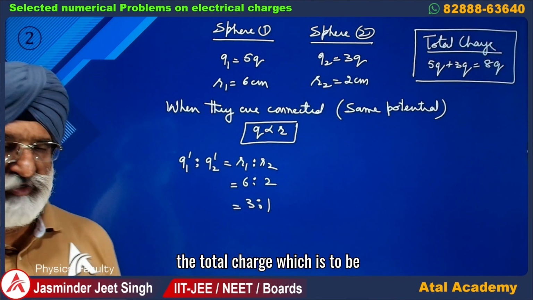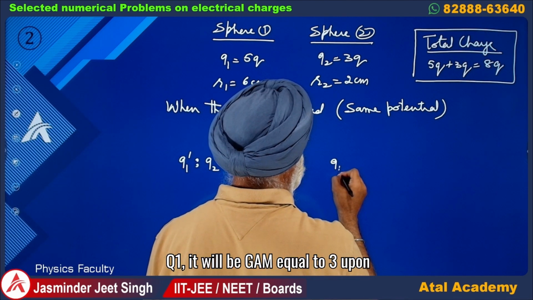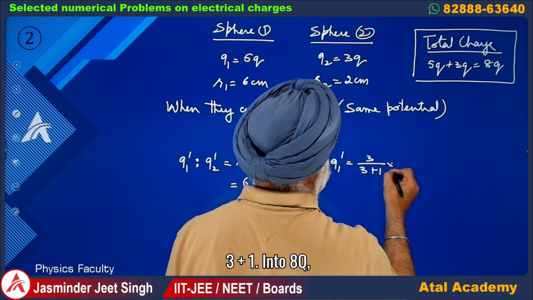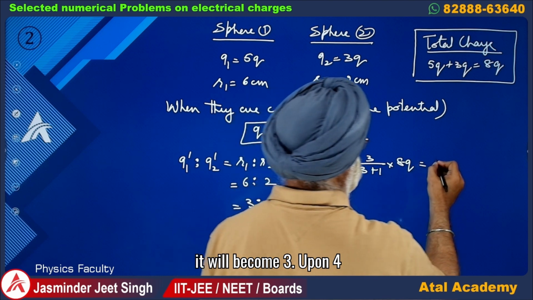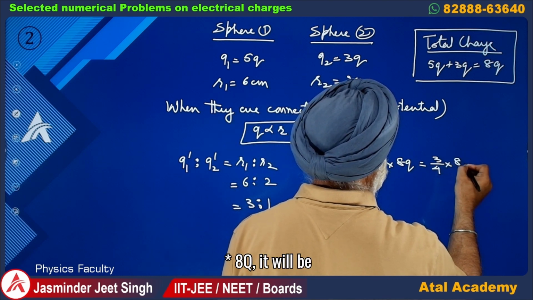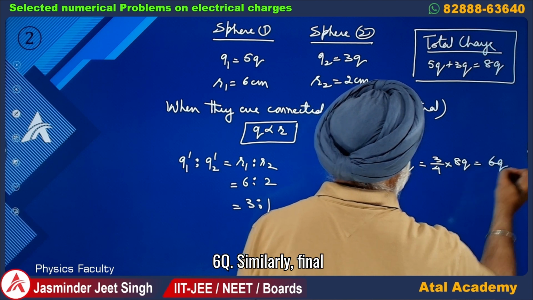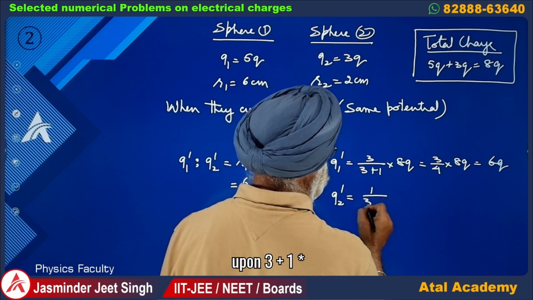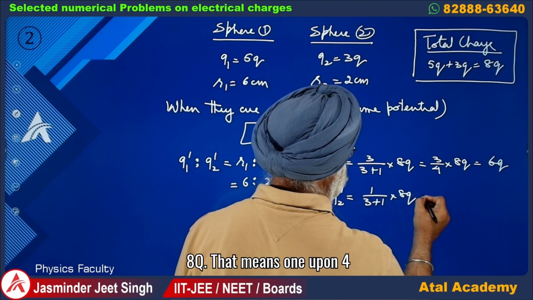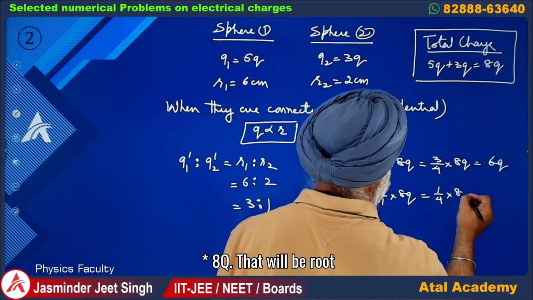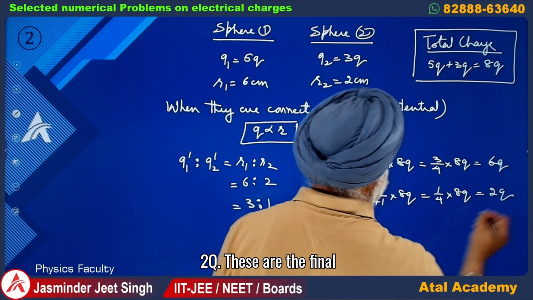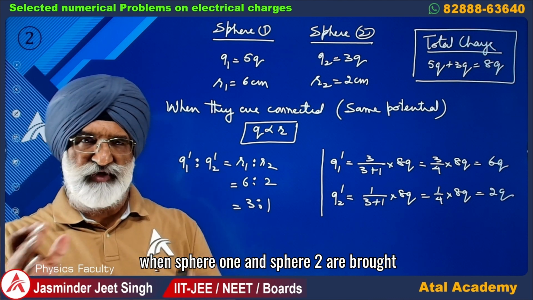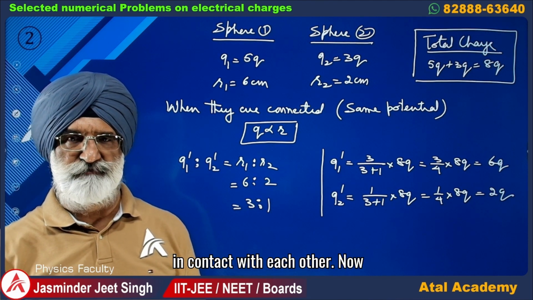Now the final charge on Q1 dash will become equal to 3 upon 3 plus 1 into 8Q. It will become 3 upon 4 into 8Q. It will be 6Q. Similarly, final charge on Q2 dash will be 1 upon 3 plus 1 into 8Q. That means 1 upon 4 into 8Q. That will be equal to 2Q. These are the final charges on sphere 1 and sphere 2 when they are brought in contact with each other.